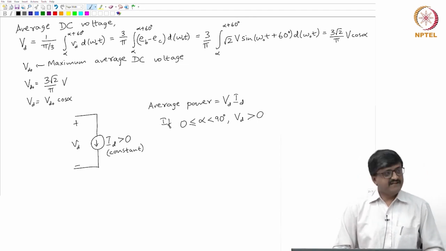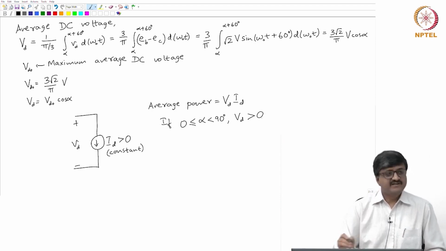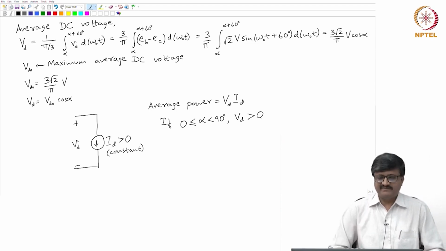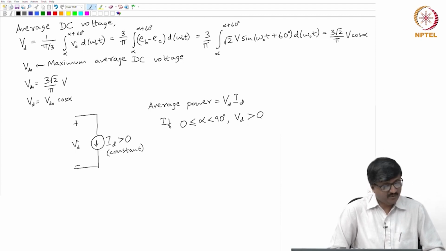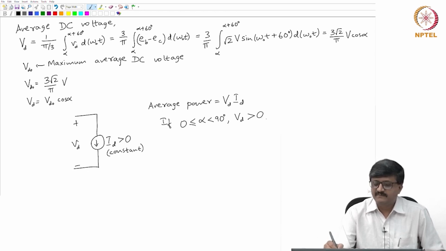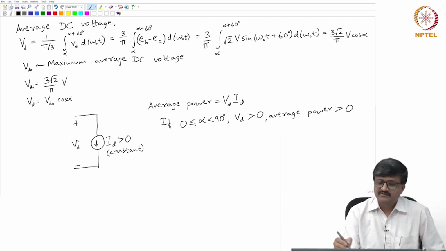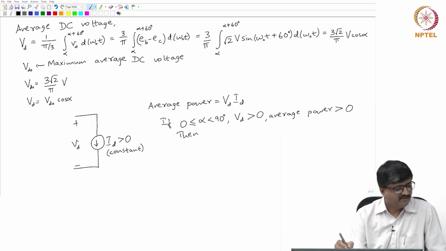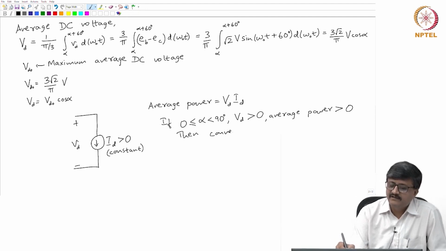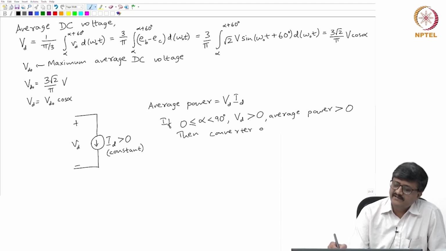So, the average value of VD should be greater than 0, only then the average power is okay. So, if alpha is greater than or equal to 0 and less than 90, then VD is positive and average power is positive. Then the converter operates as a rectifier.